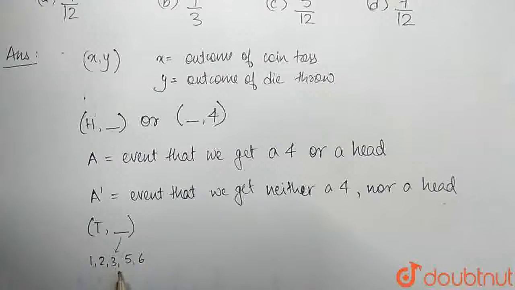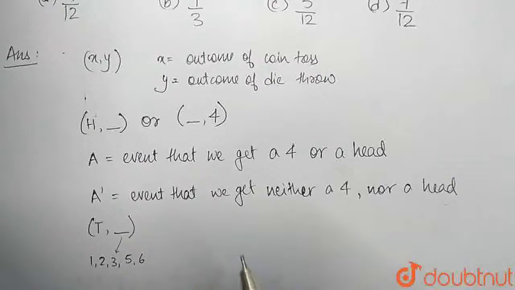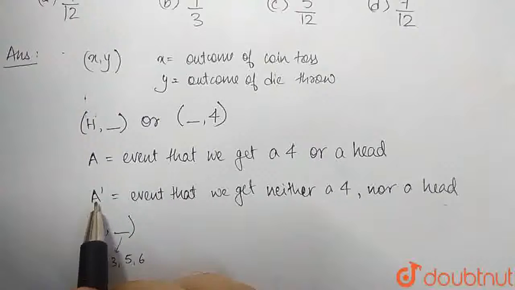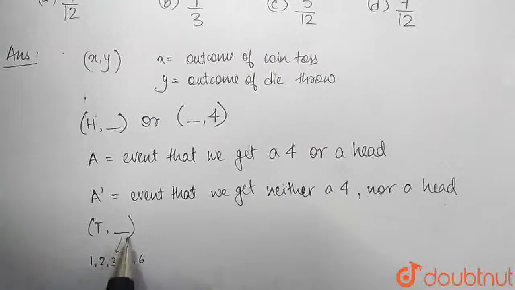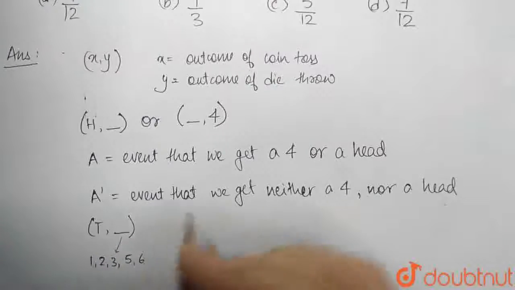It just can't be 4, otherwise we'll get a 4, and again the outcome won't be favorable for A complement, right? So the number of favorable outcomes for A complement event are 5. See, this one has to be a tail, there's no other choice, whereas for the second part we have 5 choices, so 5 favorable outcomes.